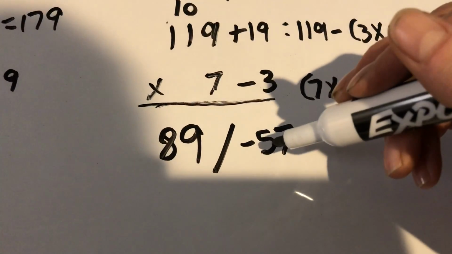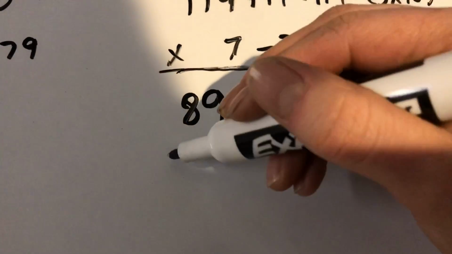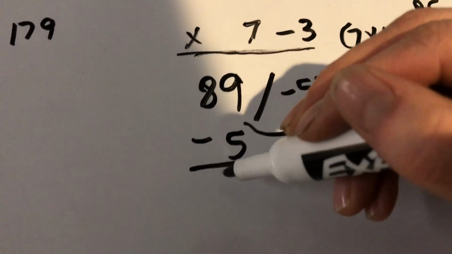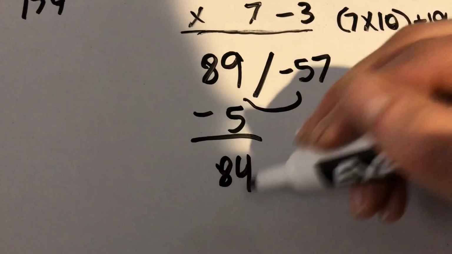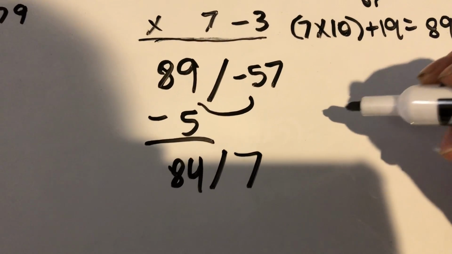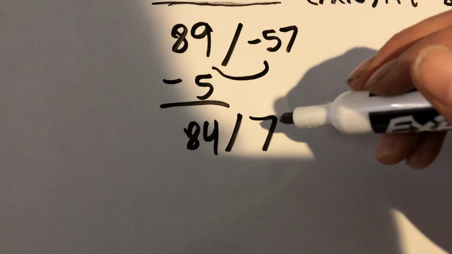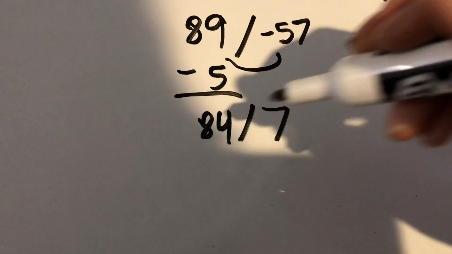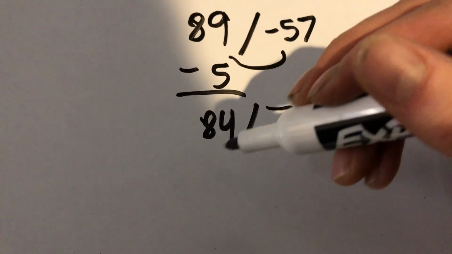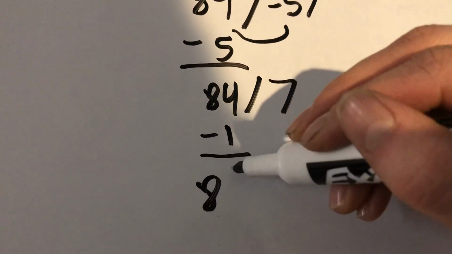So what we do next, we carry this negative 5 over, and we subtract 89 minus 5, which equals 84. Bring 7 down. Now since we're dealing with a negative number, we have to find the complement of 7 and subtract 84 by 1. So 84 minus 1 equals 83.